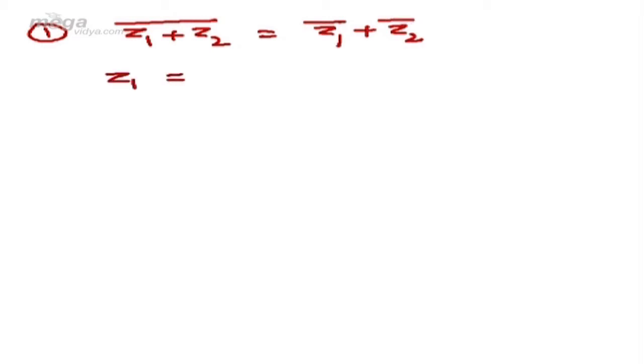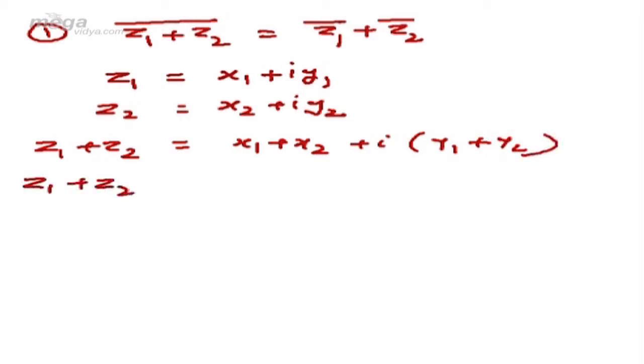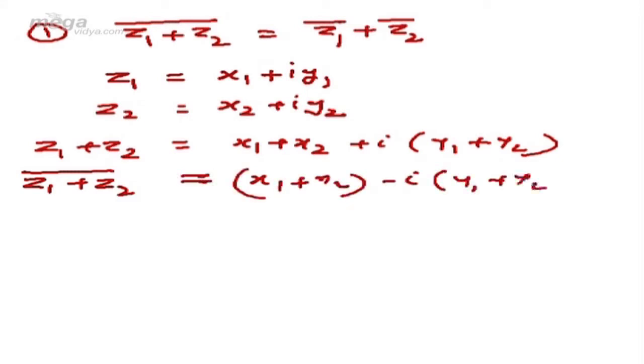Suppose we take Z1 is equal to x1 plus iy1 and Z2 is equal to x2 plus iy2. Then Z1 plus Z2 can be written as (x1 plus x2) plus i times (y1 plus y2). So (Z1 plus Z2) bar can be written as (x1 plus x2) minus i times (y1 plus y2).